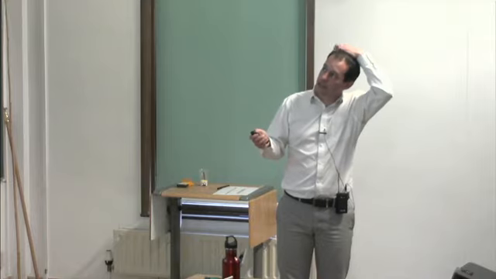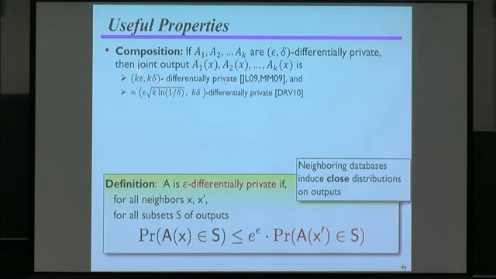if I've got a sequence of analyses I do, each of which is epsilon delta differentially private, then their joint output is also differentially private, and the privacy parameters degrade gracefully.